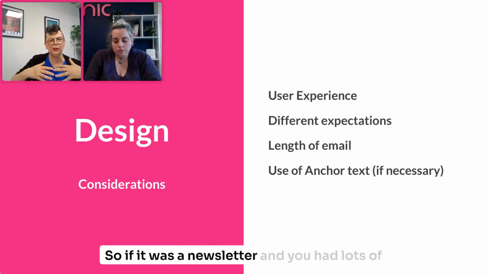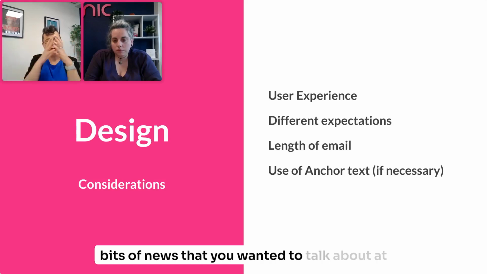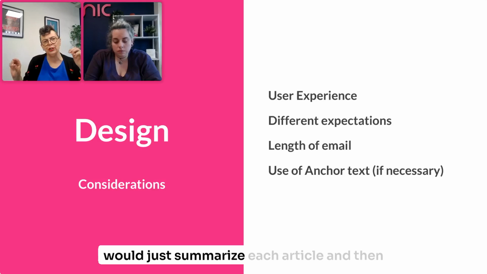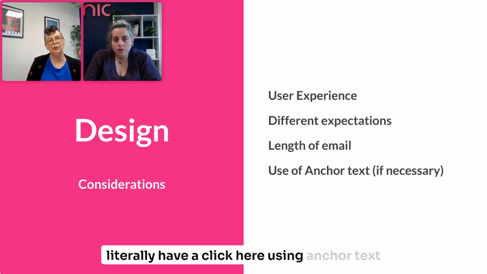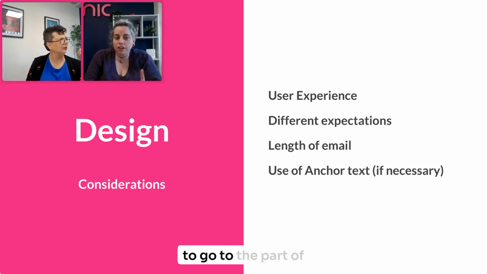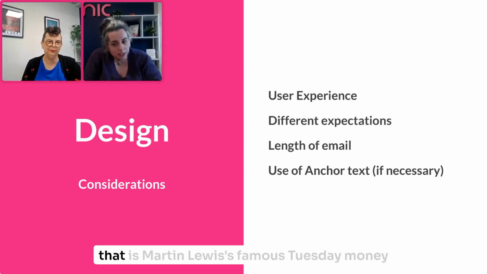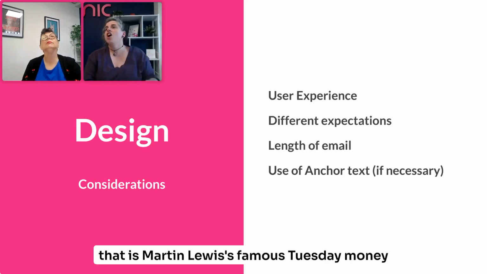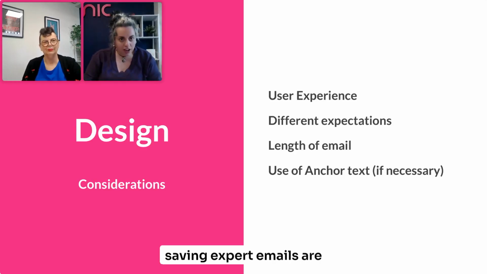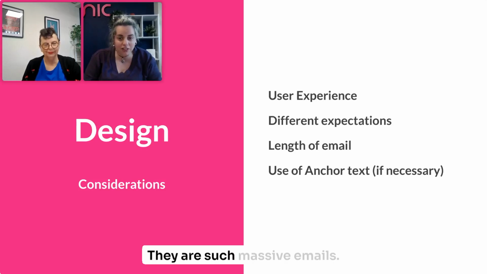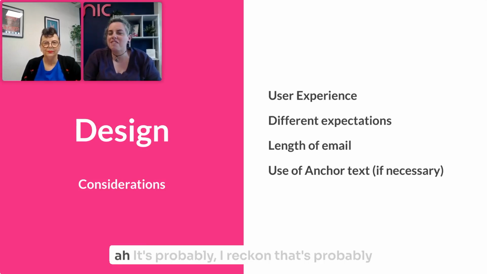If it was a newsletter and you had lots of bits of news that you wanted to talk about, at the top of the email you would just summarize each article, and then have a click here using anchor text to go to that part of the email. A good real life example of that is Martin Lewis's famous Tuesday Money Saving Expert emails, which are full of them. They are such massive emails.